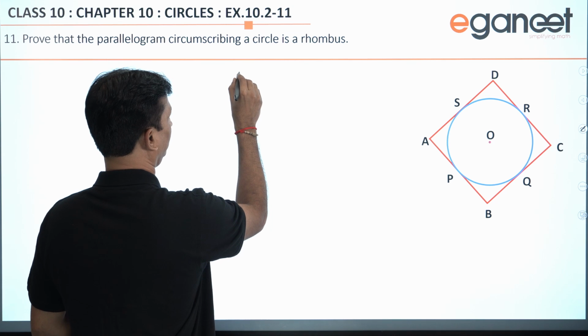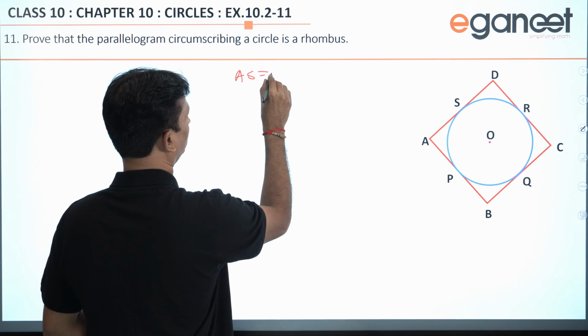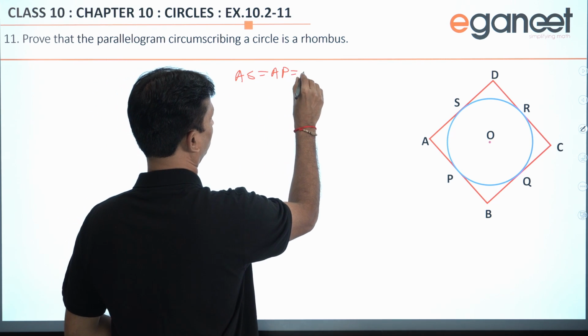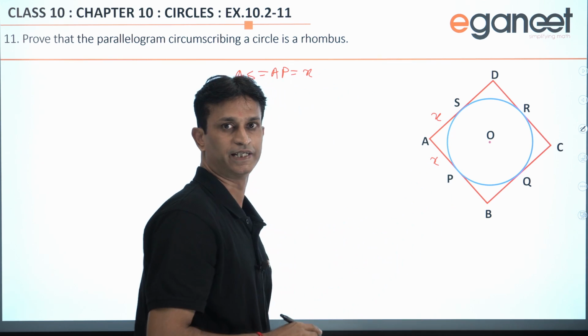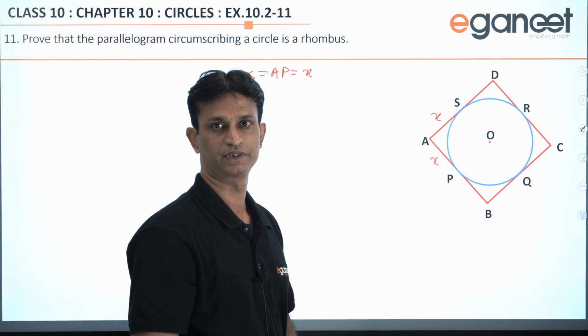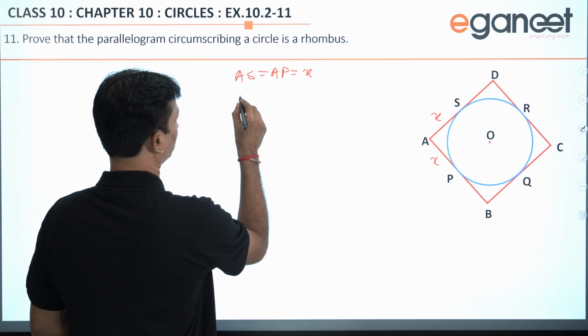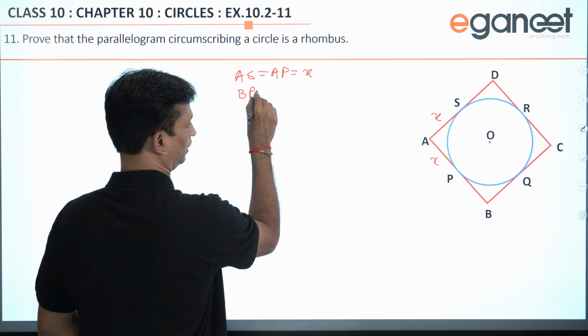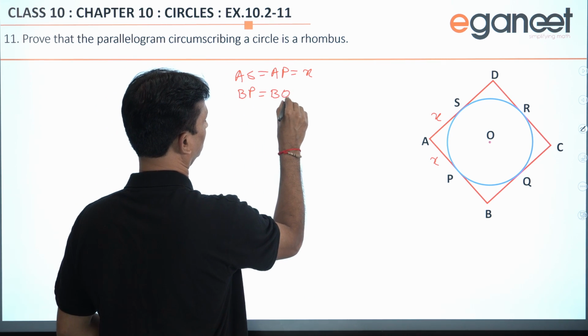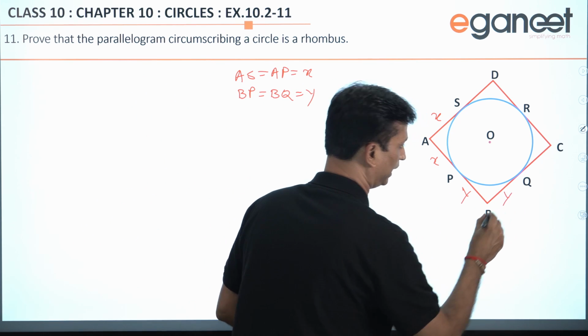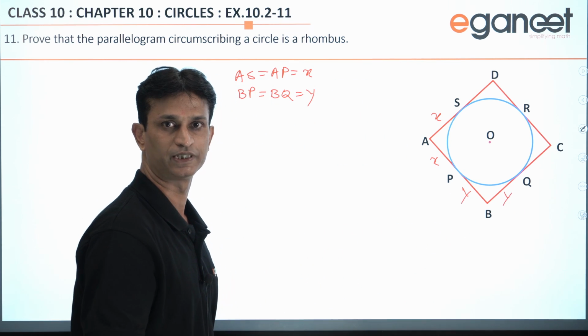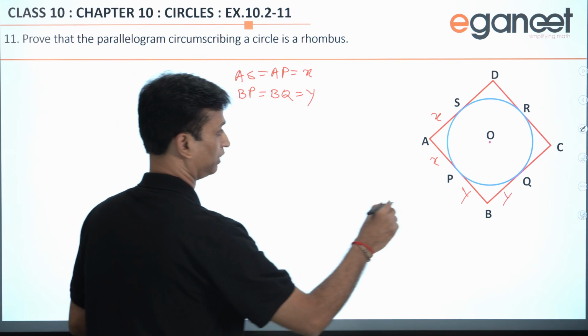Here I can say AS equal to AP equal to x. Tangents drawn from an external point to the same circle are equal. Then BP equal to BQ equal to y. Again the tangents drawn from an external point to the same circle are equal.